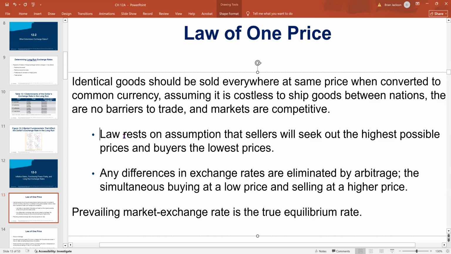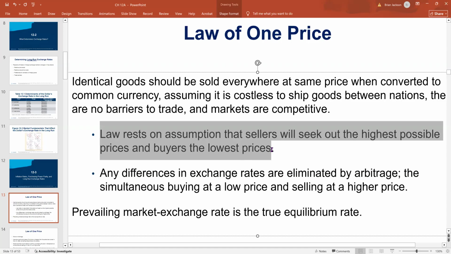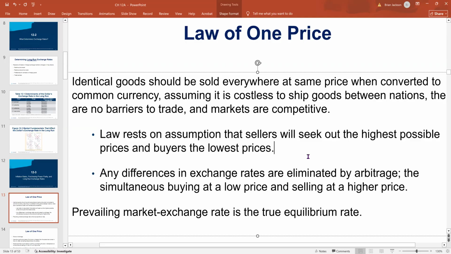The law rests on the assumptions that sellers will seek out the highest possible prices and buyers will seek out the lowest possible prices whenever they buy or sell goods. We'll see that in just a minute in something called the arbitrage opportunity. There can be no opportunity for arbitrage. Arbitrage is a riskless opportunity to earn a profit.